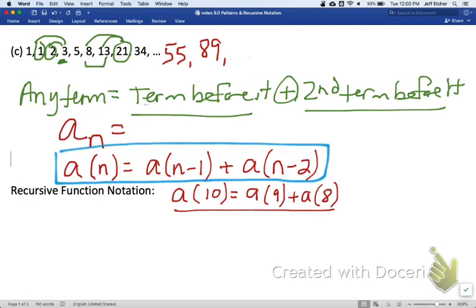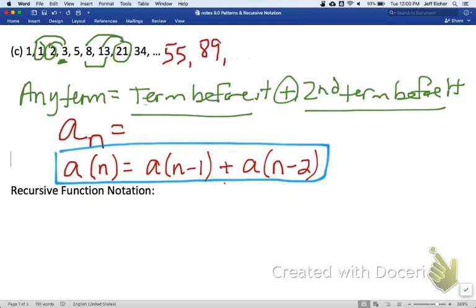However, we can't really go into negatives. At least the Fibonacci sequence isn't defined for negatives. So you have to be told the starting point. You would be told a of 1, the first in the sequence is 1, and the second in the sequence is also 1. And then with that information, I'll include that as part of my recursive formula. With that information, we've defined the Fibonacci sequence.